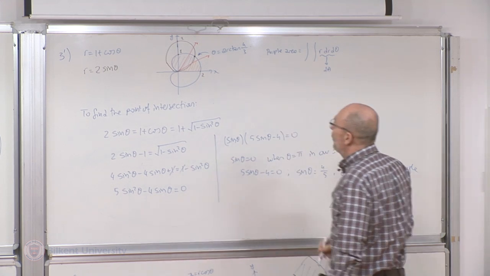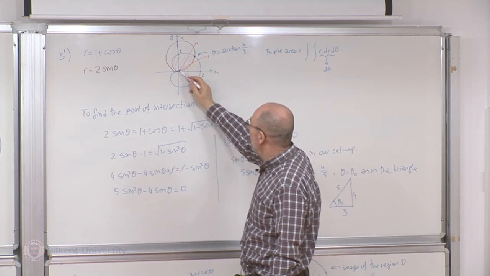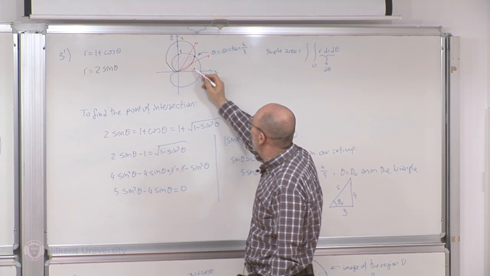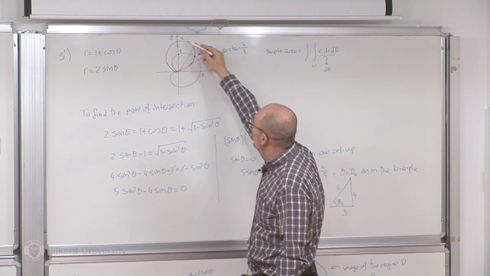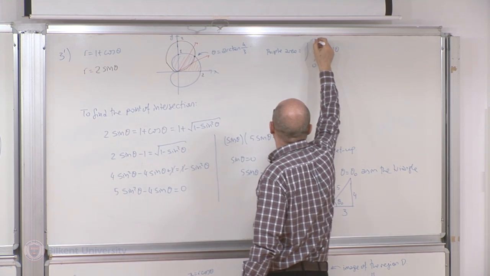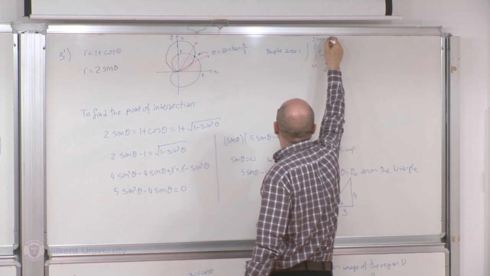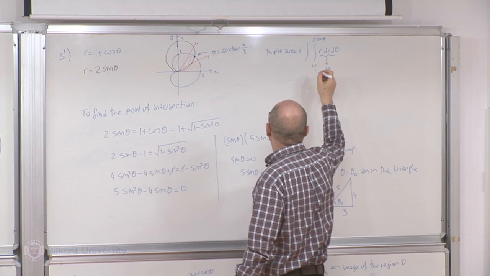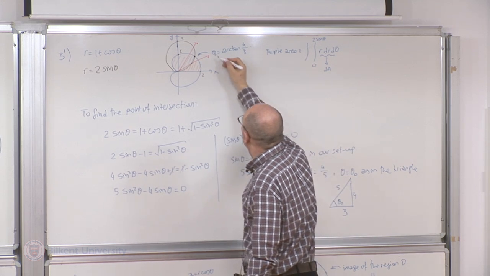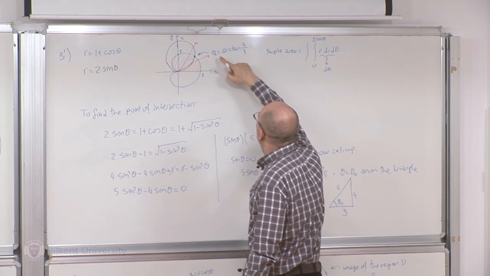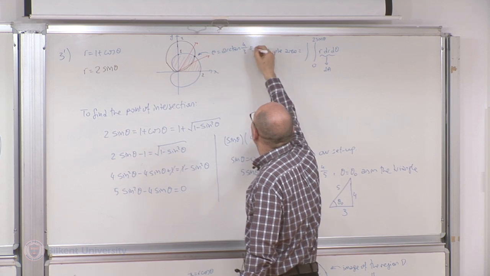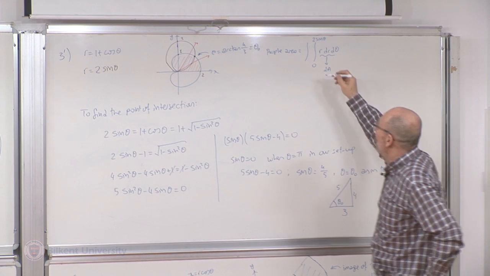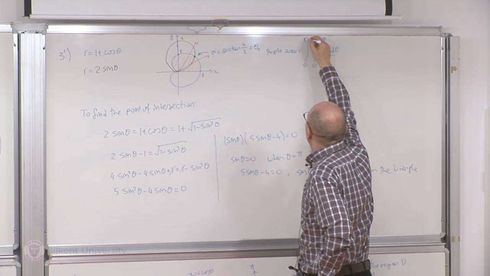When r is 0, we are already in the region, and we leave the region when r is equal to 2 sine theta. This is true for theta from 0 to theta 0, so this one is theta 0.